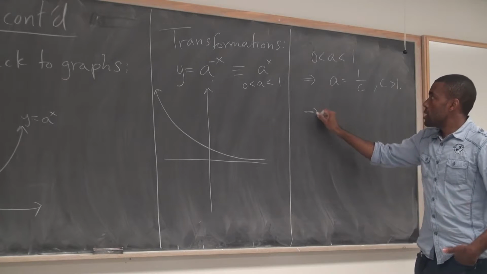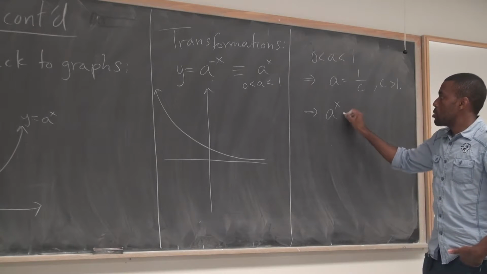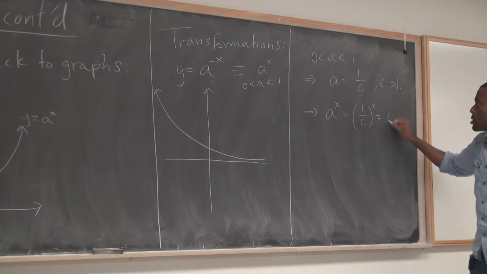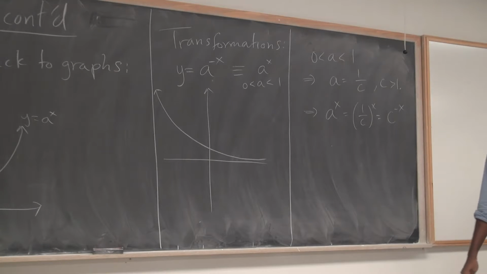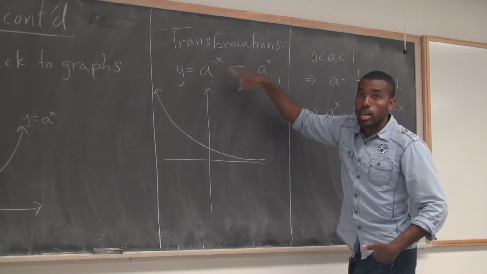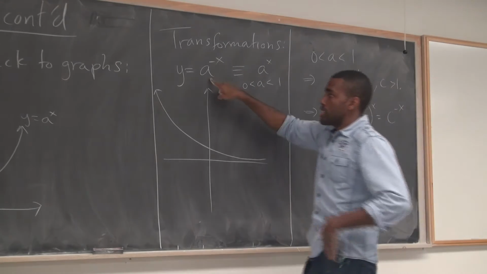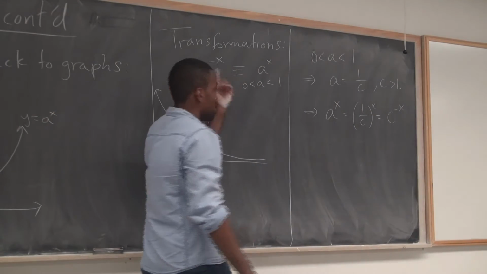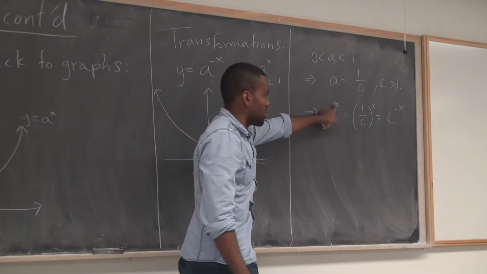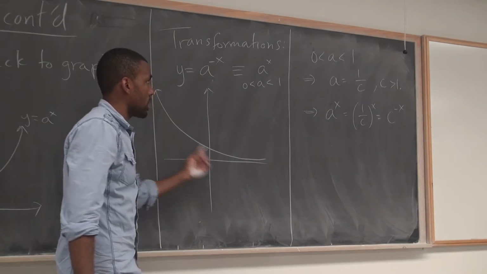So that would mean a to the x would be equal to 1 over c to the x, which is equal to c to the minus x. So this is actually equivalent to that kind of guy. If your a is less than 1, it's pretty much the same as making the exponent negative. You'll still get this graph.